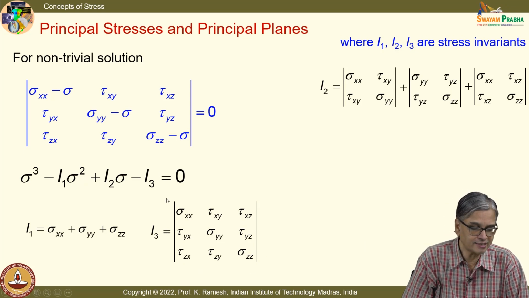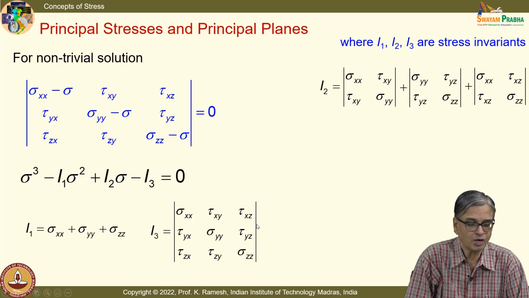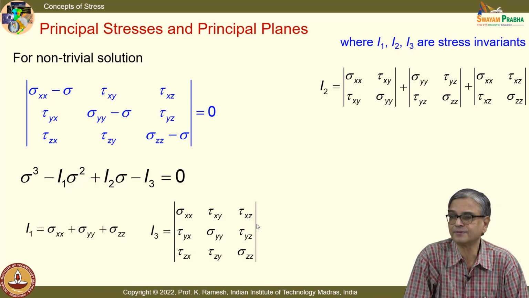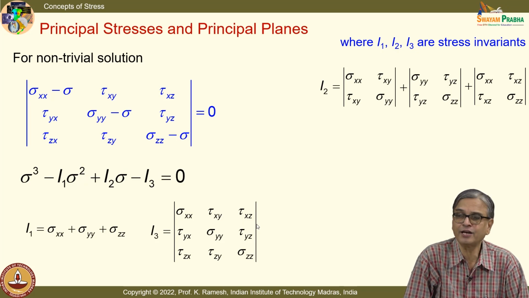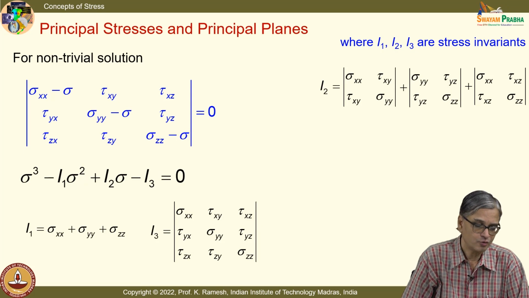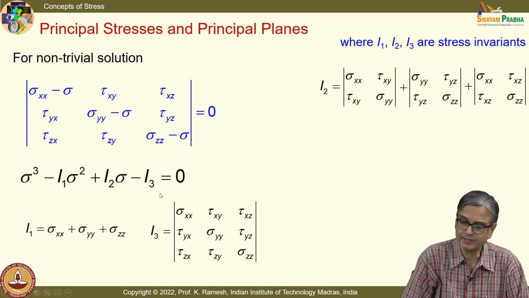So, I3 is the determinant of this matrix. I will read it out: sigma xx, tau xy, tau xz, tau yx, sigma yy, tau yz, tau zx, tau zy, sigma zz. So, the idea is, if you find out these, you can write this expression comfortably, and let us see the expression in longhand.